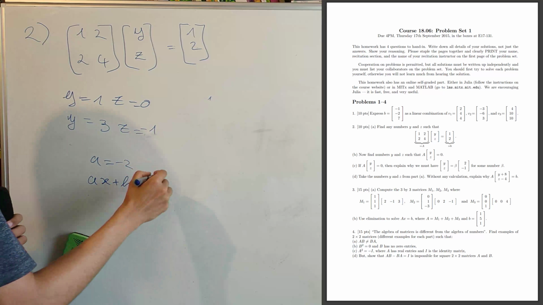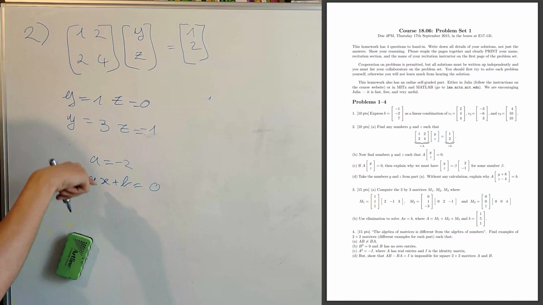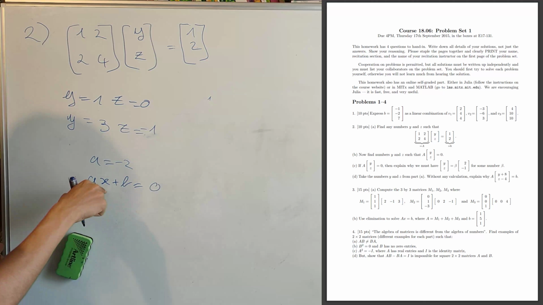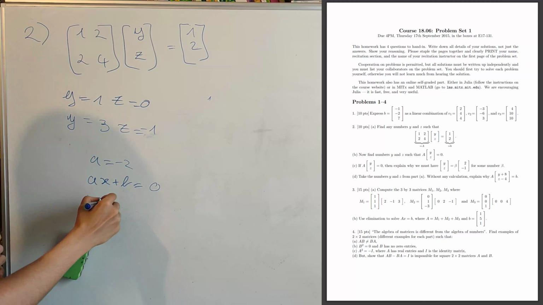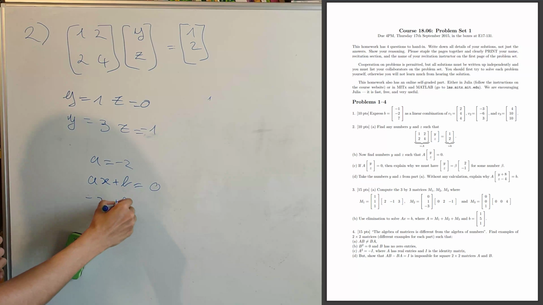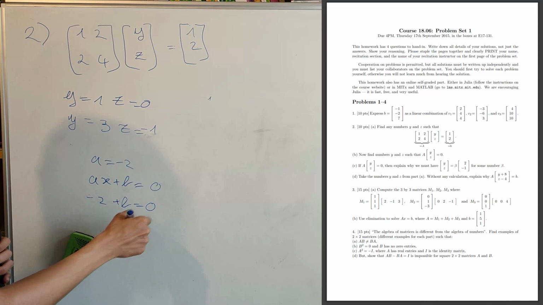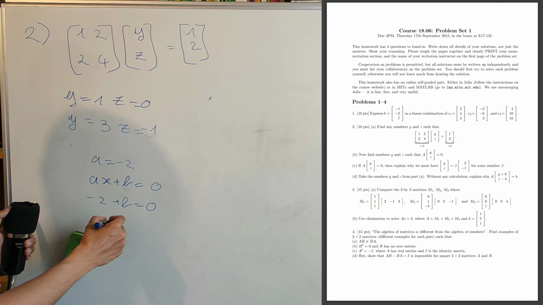So a is minus 2 times x, which is 1, plus b equals 0, so b needs to be equal to 2.